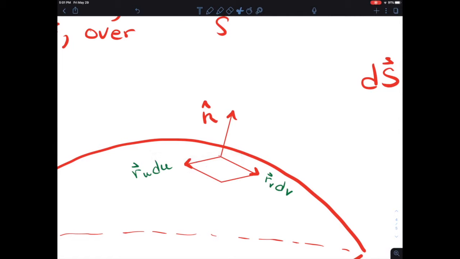Like that. And then ds is the area of this. That's too small.